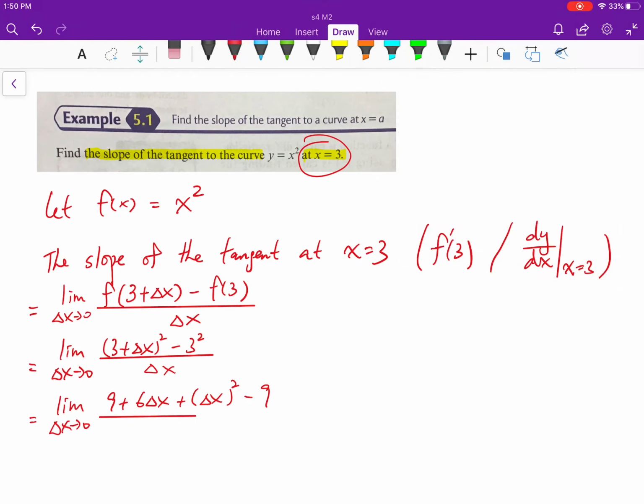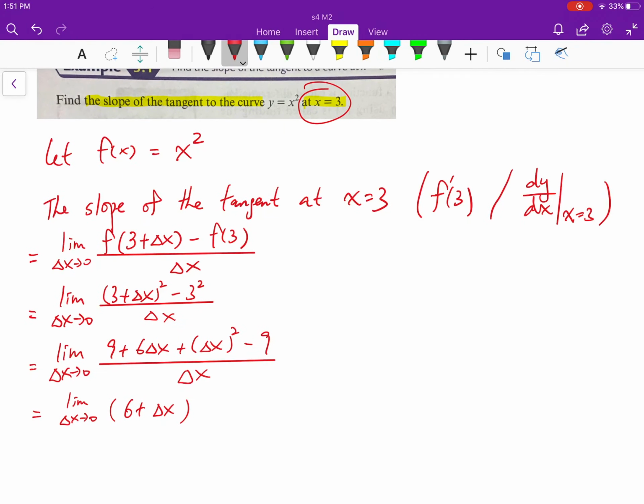Just do some calculations. Finally, we get 6 as the answer.